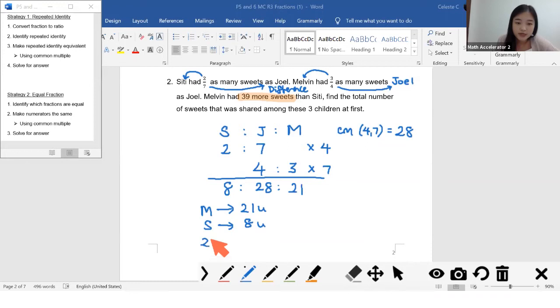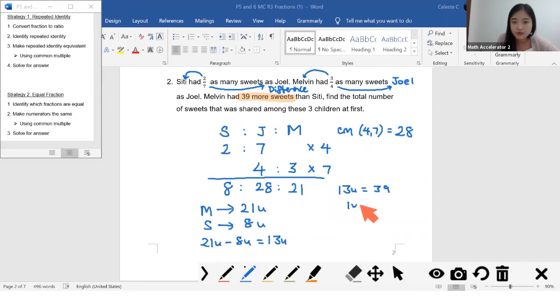So you have to find the difference between the units first. 21 units minus 8 units. What do you get? Yeah, 13 units. Good. So this 13 units must be this 39 more sweets, because they're both differences between Melvin and Siti. So 13 units equals 39.